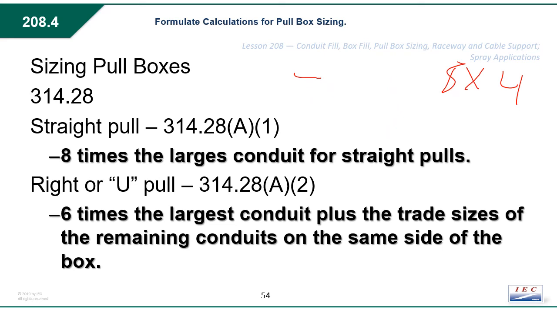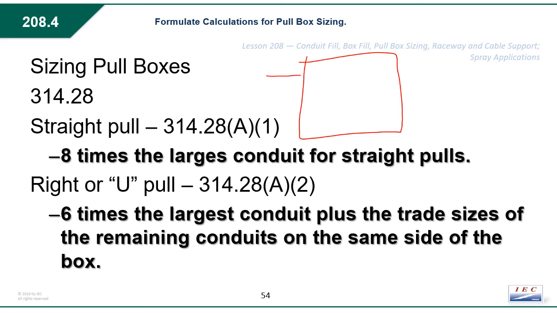Let's say I have an angle pull or a right pull. In my box, I've got a 4-inch here, a 4-inch here, a 2-inch here, and we'll leave it at that. I would then take my largest conduit and I want to determine what's the width of this box.